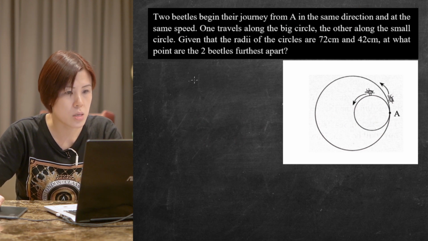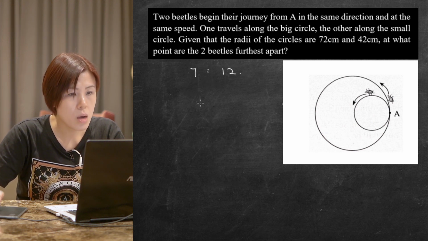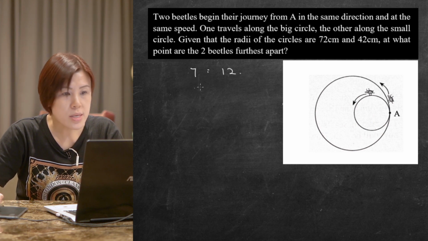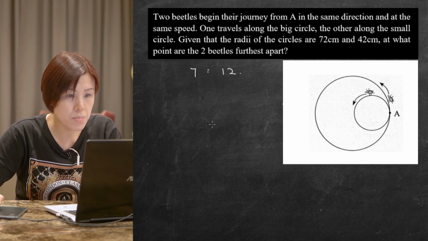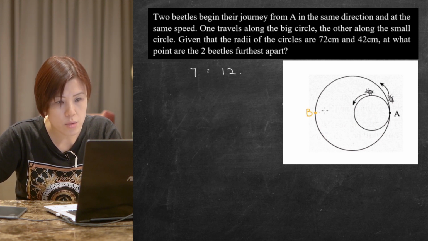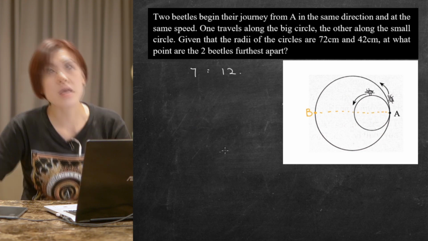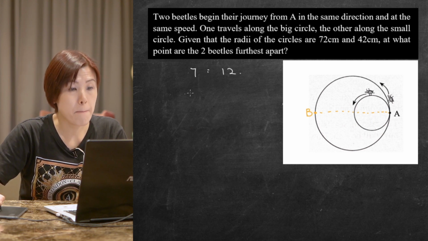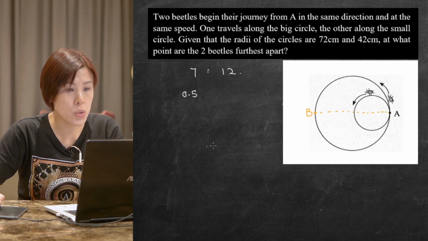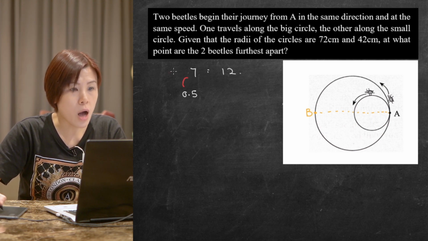Okay, 7:12. So 7, let me put down point B here, which is directly opposite point A. To make 7 as 0.5, let's say, then we need to multiply 7 by 0.5 over 7.